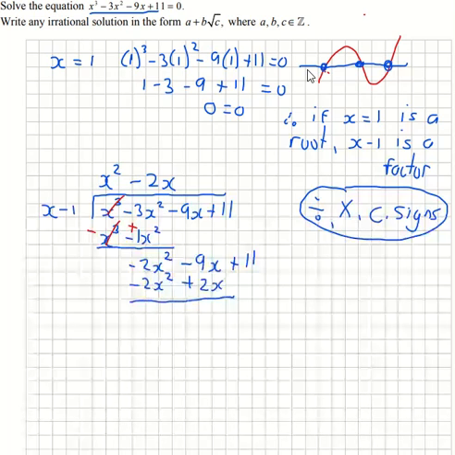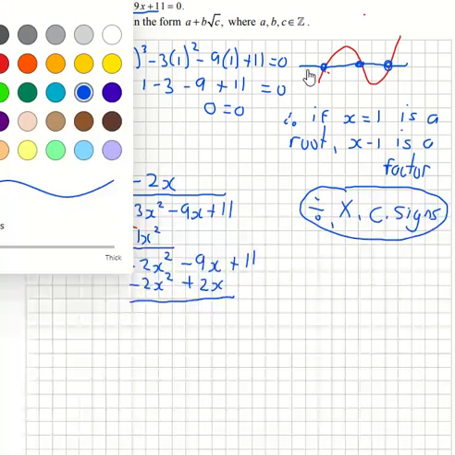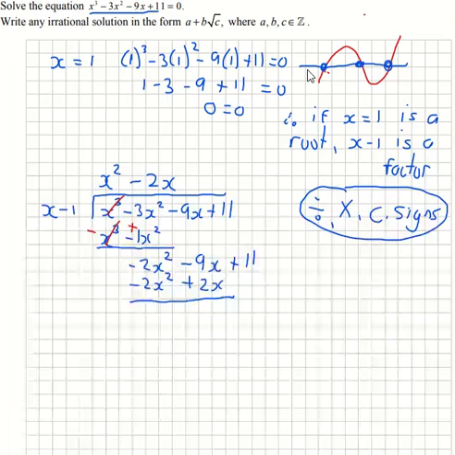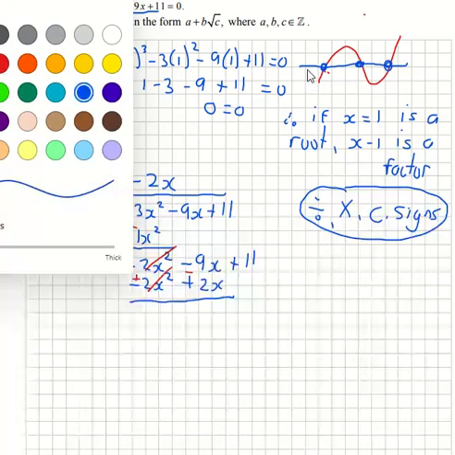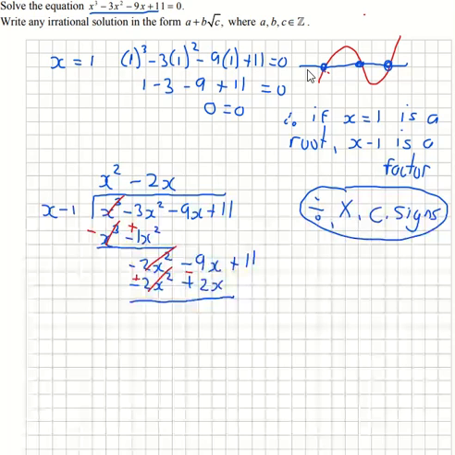Again, now we change the signs, so if it was minus, change it to a plus. If it's plus, change it to a minus. Now we have minus 2x squared plus 2x squared, so that will give me 0. And then minus 9x minus 2x is minus 11x, and then we bring down the plus 11.